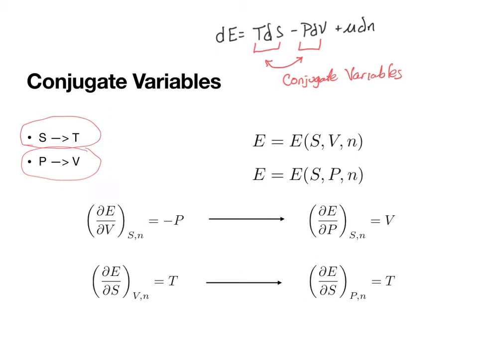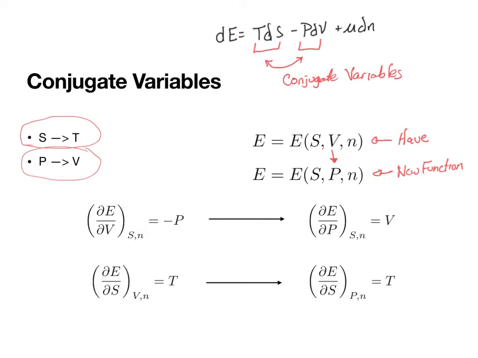And what we can do is, we have the relationship of energy with respect to entropy, volume, and moles. If we want to flip one of our variables for its conjugate and create a new function, there are some math rules, Laplace transforms, that allow us to do this.